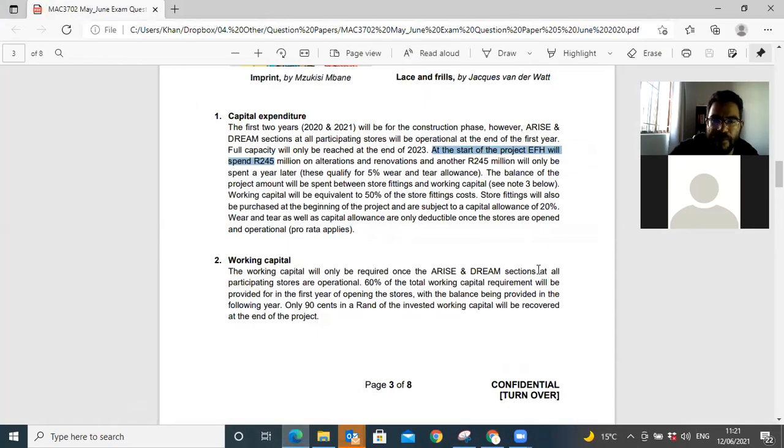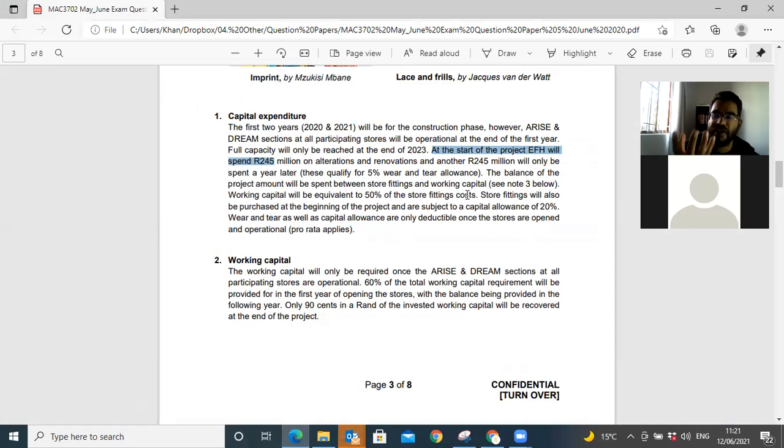Then they say the balance of the project amount will be spent between the fittings and working capital. Working capital will be equivalent to 50% of the store fittings.